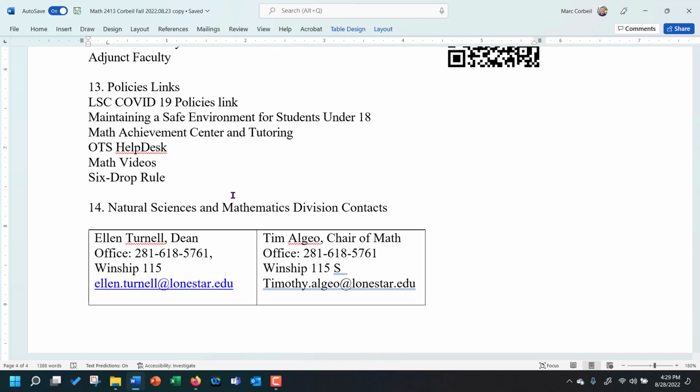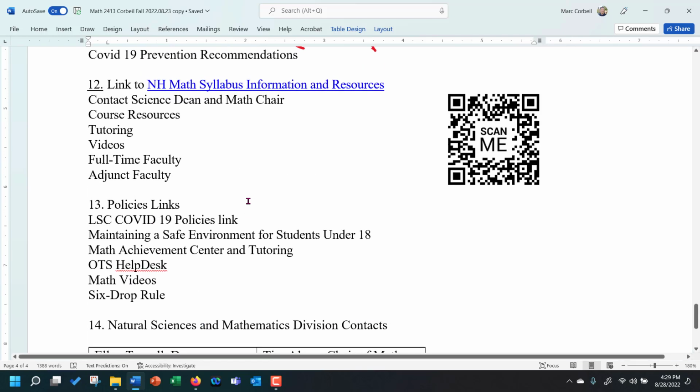Our new chair is Tim Algio, so he's going to be doing the chair job this fall. So you'll see my name actually no longer under the full-time faculty. You'll actually see me eventually listed as an adjunct faculty, because I'm working as an adjunct this semester. So just keep that in mind if you're looking for me.